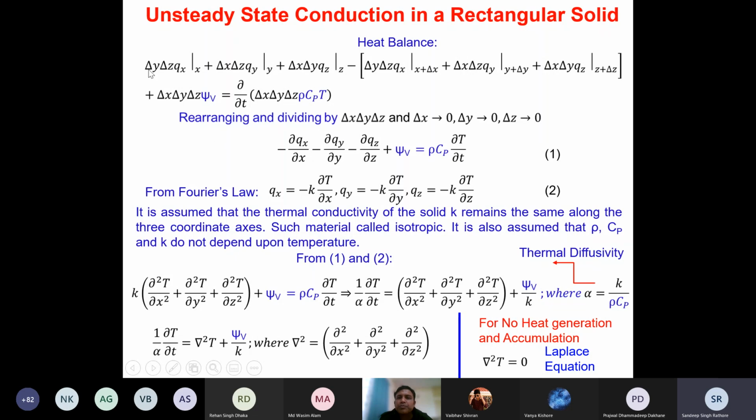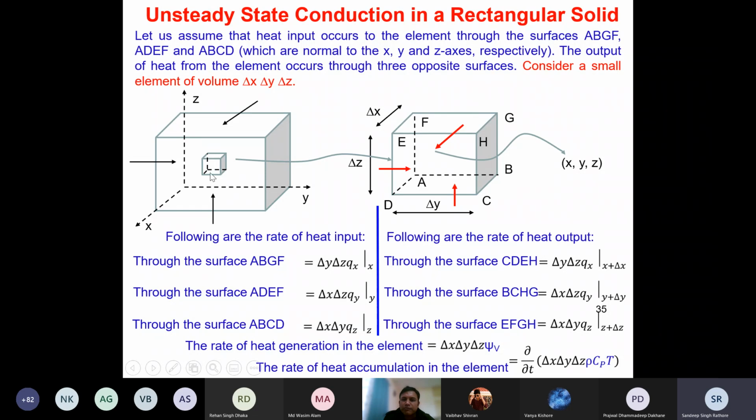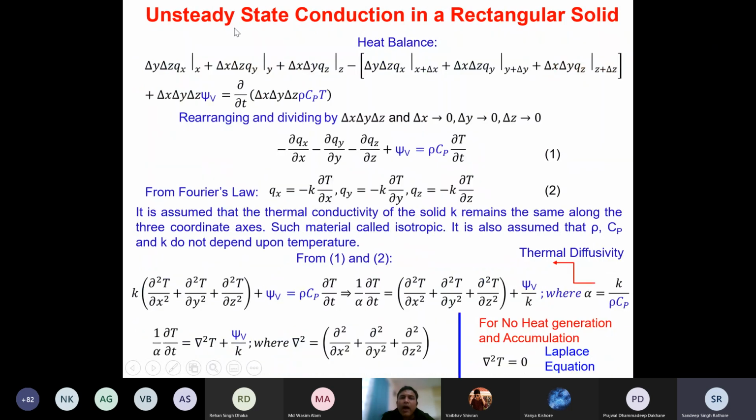Correct. Now in this particular equation, delta X, delta Y, delta Z tend to 0, because we are taking delta X, delta Y, delta Z with respect to this small element which we have used here. So all three tend to 0, and we can divide this entire equation by delta x, delta y, delta z.